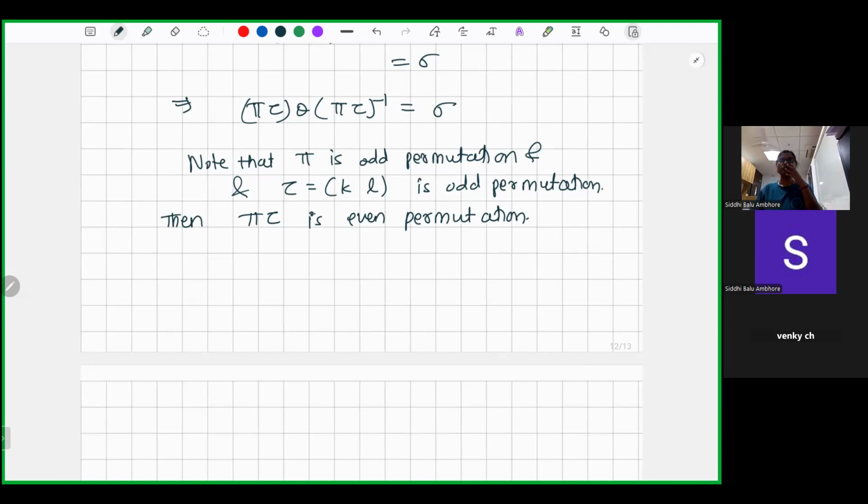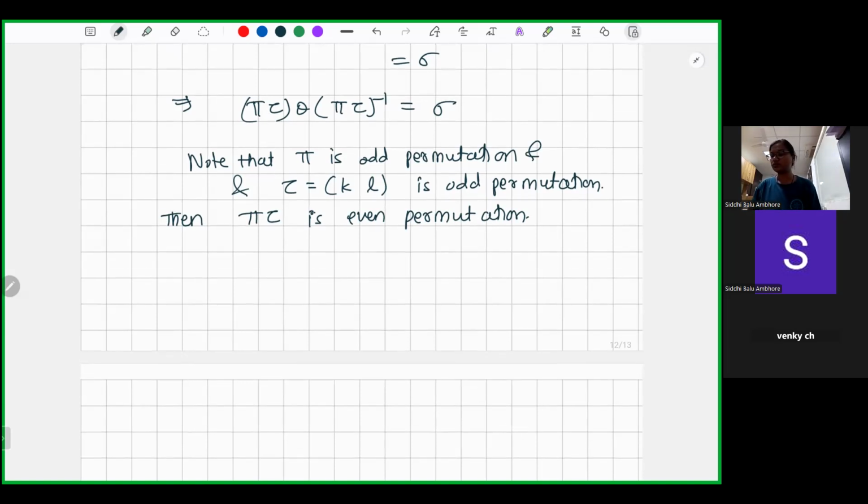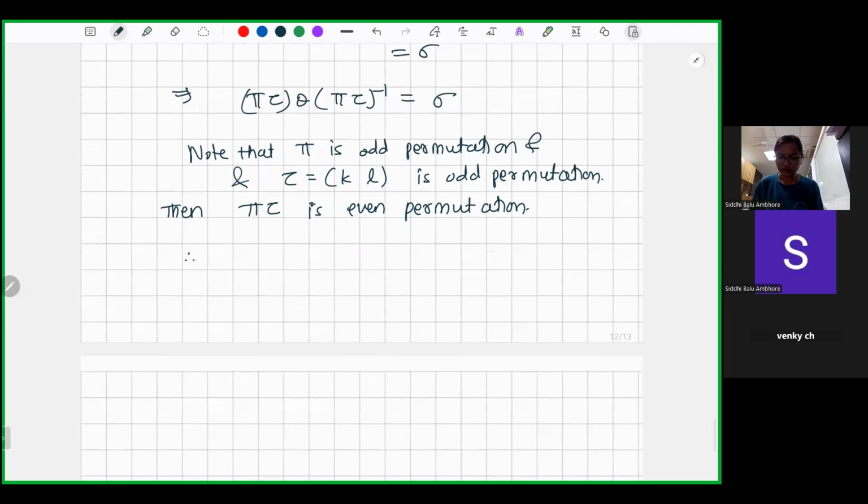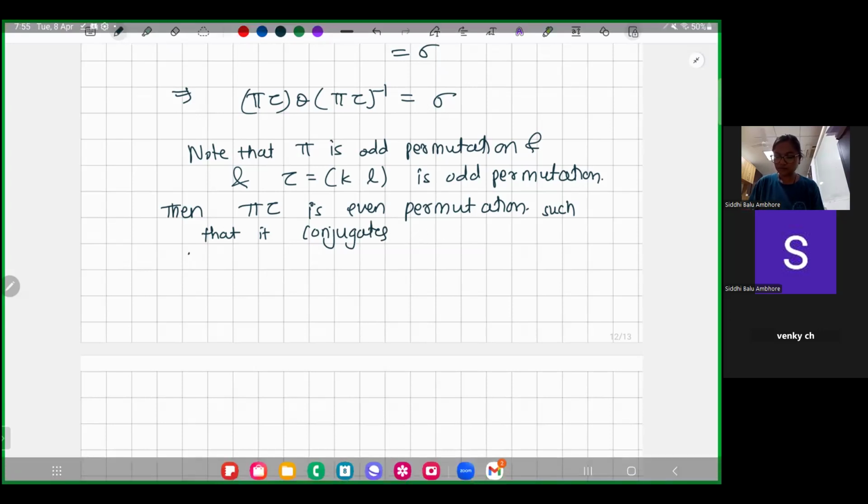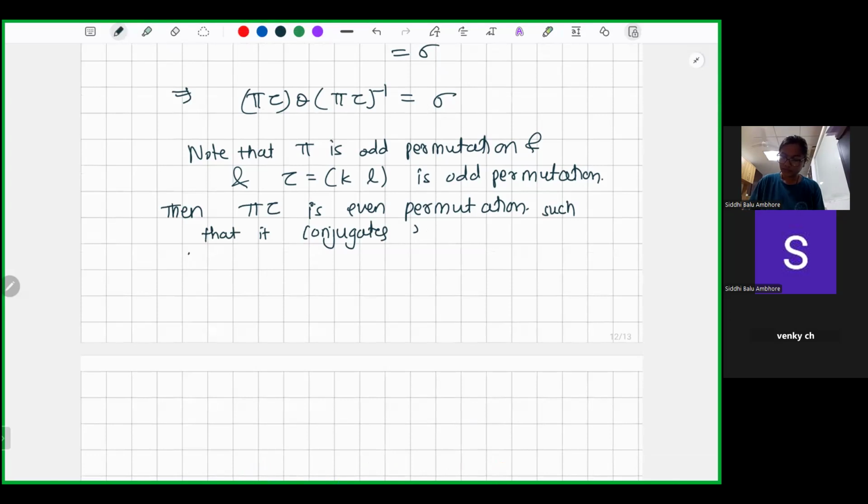So I have an even permutation such that it conjugates theta and sigma.